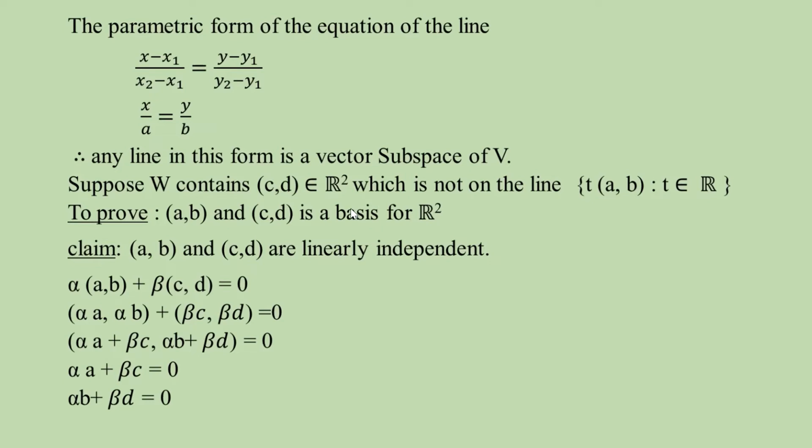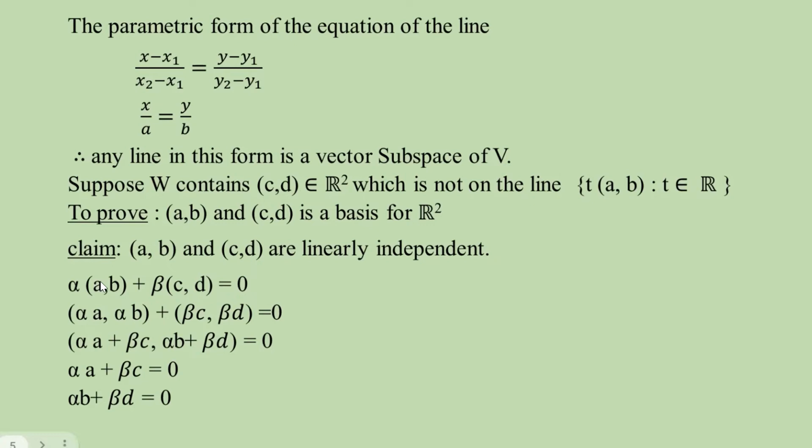So we claim that (a, b) and (c, d) are linearly independent. We take their linear combination equal to 0, and then we have to prove alpha and beta equal to 0.